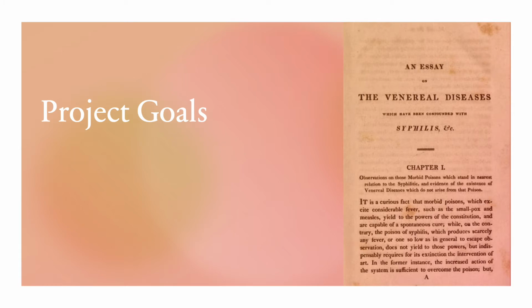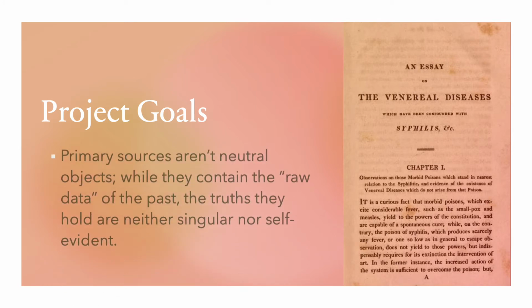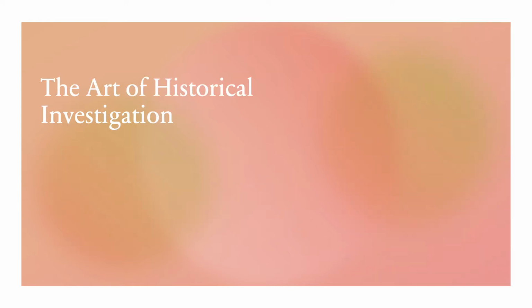Primary sources aren't neutral objects. While they contain the raw data of the past, the truths they hold are neither singular nor self-evident. Instead, they are context-dependent. They change on the basis of the questions we ask, the assumptions we bring to them, and the interpretive methods we employ.